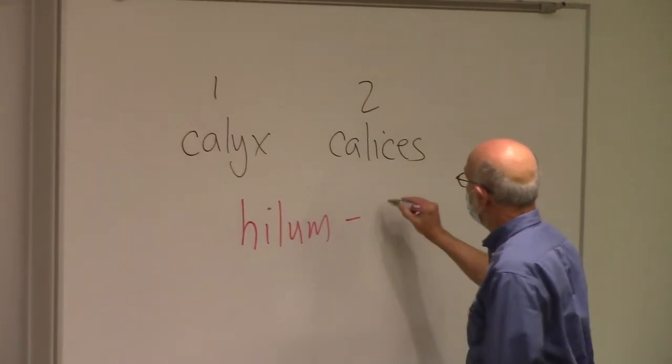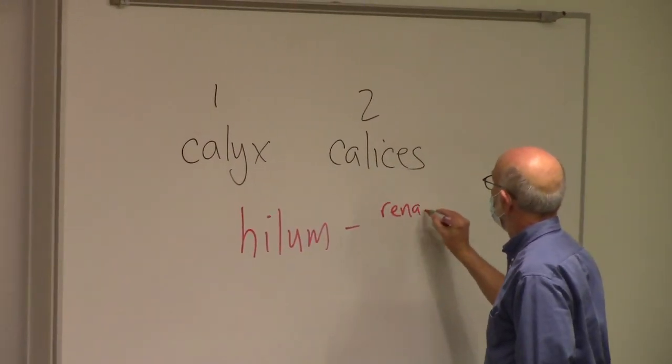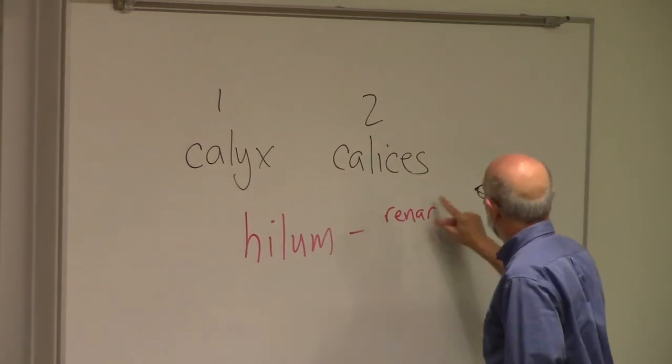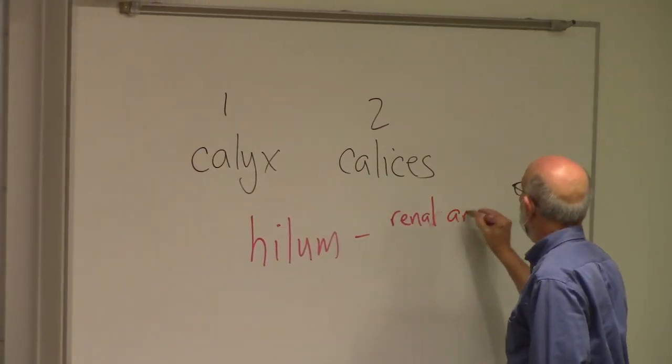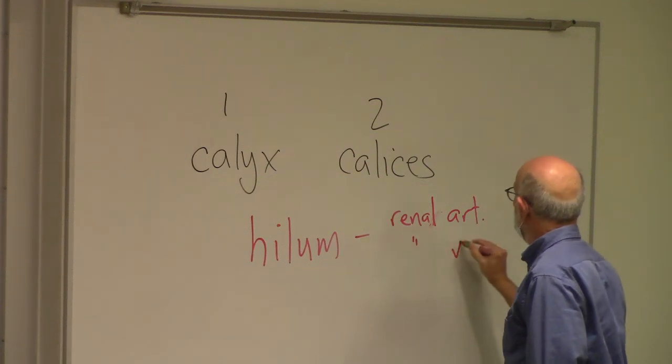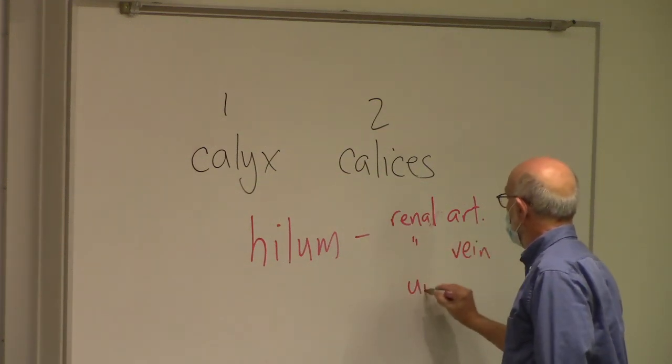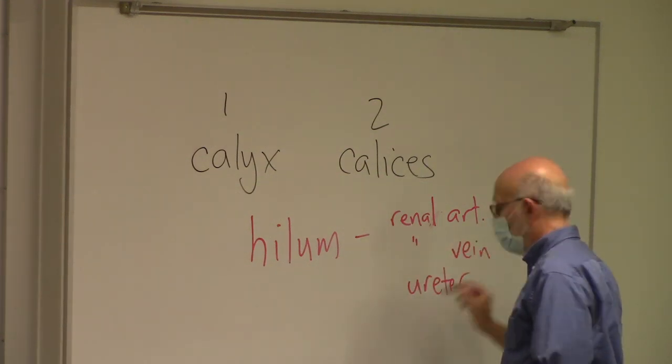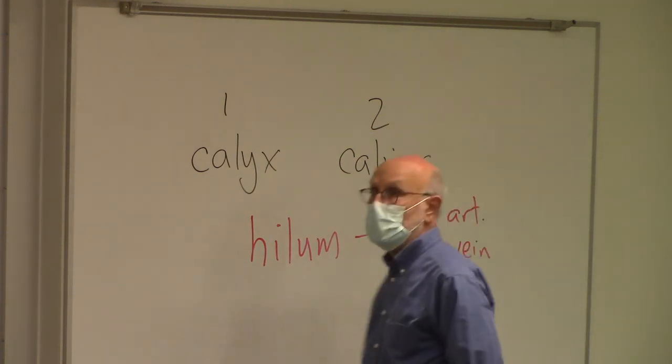Those are the renal artery, the renal vein, and the ureter combined form the hilum.